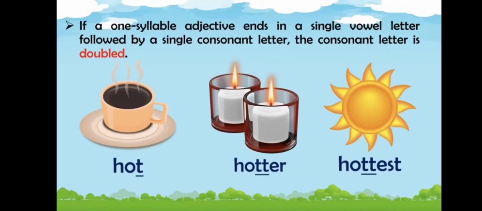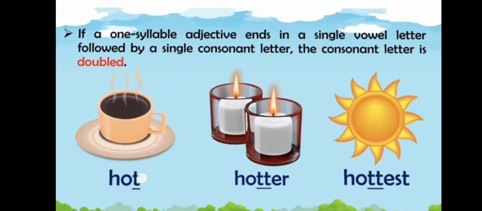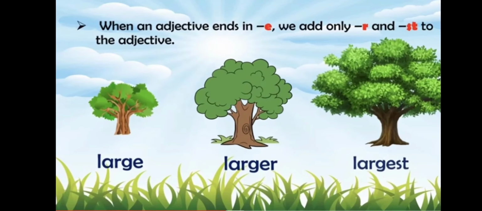T is the consonant here and before T what we have is O. O is a vowel. So for comparative degree we will add a double T, hotter, H-O-T-T-E-R, hotter. In the same way, hottest, H-O-T-T-E-S-T.